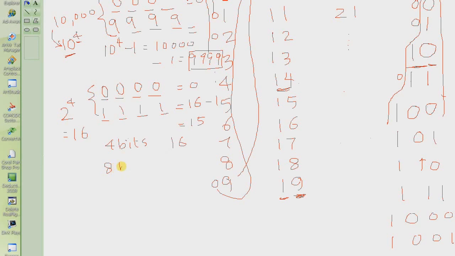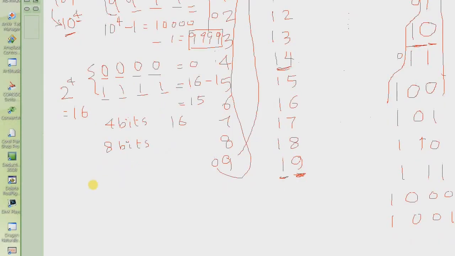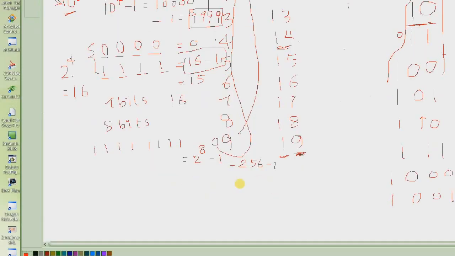If we are given 8 bits, what is the largest we could write? 1111 1111, which is 2 to the power 8 minus 1. The same formula: 2 to the power 4, which is 16, minus 1 equals 15. So this gives us 2 to the power 8, which is 256, minus 1, which gives us 255. So this is the largest number that I can write.